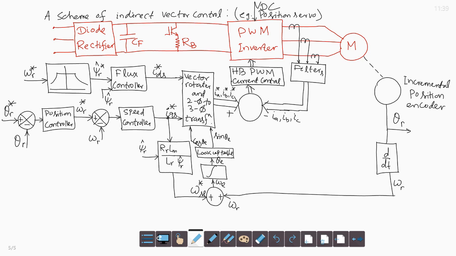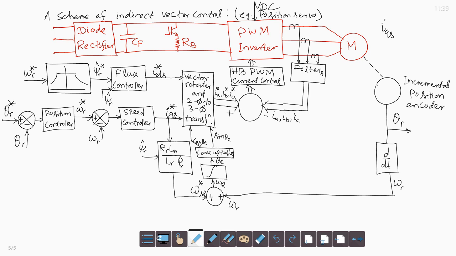Now, suppose motor operation is to be changed and the motor speed is to be reduced from the present speed. In that case, the first thing is that torque has to be negative, so IQ star is made negative.